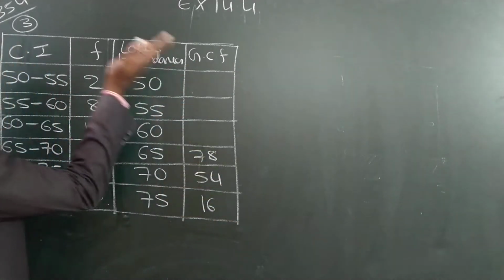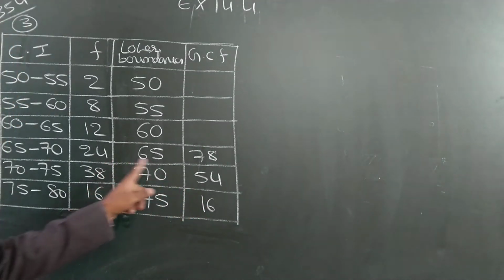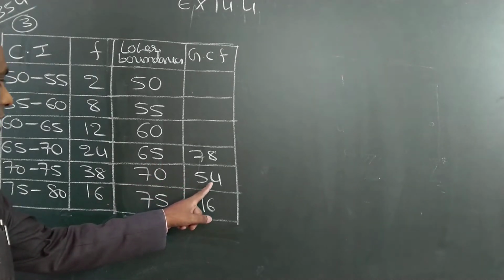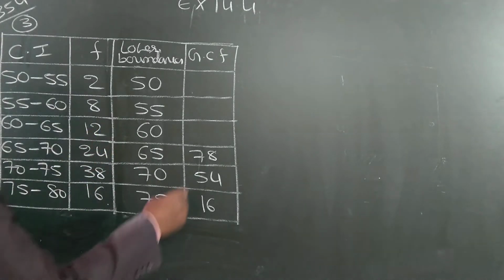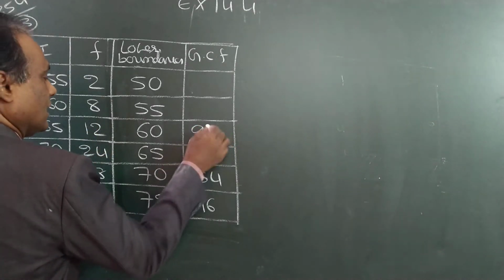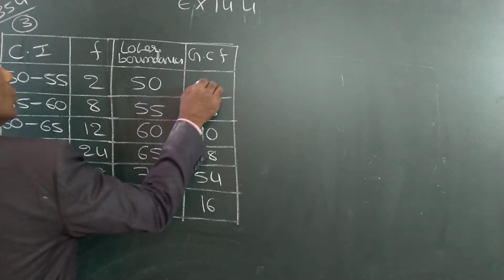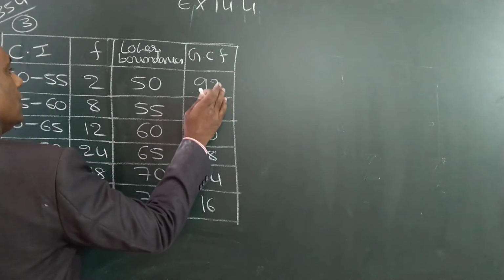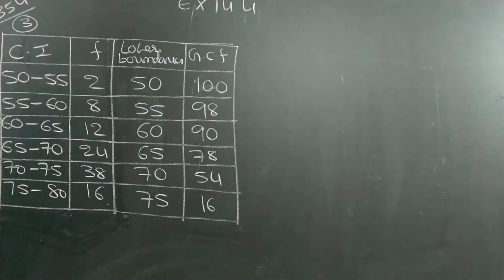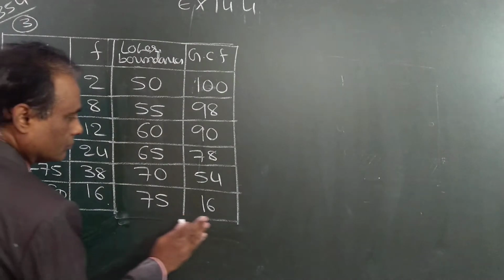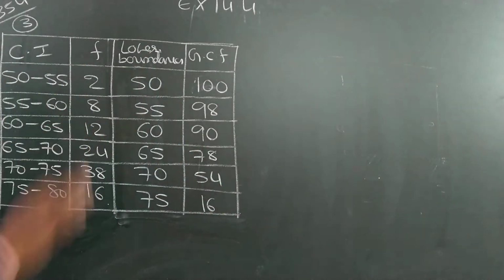Adding the frequencies from bottom: 16, 16 plus 38, 54. 54 plus 24, 78. 78 plus 12, 90. 90 plus 8, 98. 98 plus 2, 100. So this table is prepared.